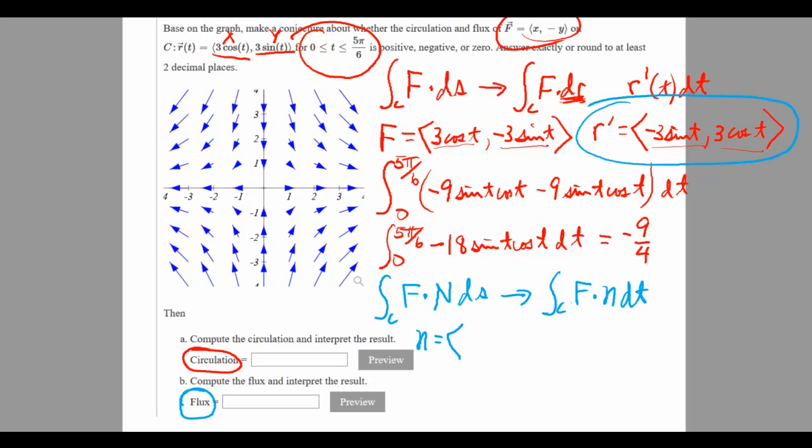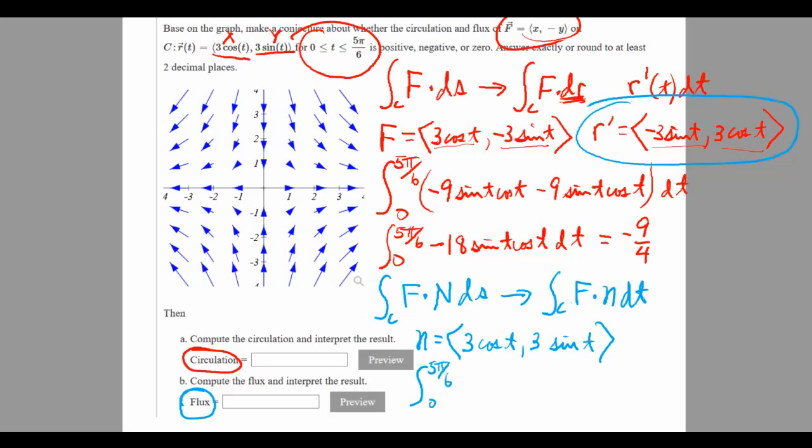So we'll take the y component, 3 cosine t, and use that for the x component. We'll take the x component of r prime, negative 3 sine t, change the sign, and make it 3 sine t, and use that for our y component of n. So we have the integral from 0 to 5 pi over 6.